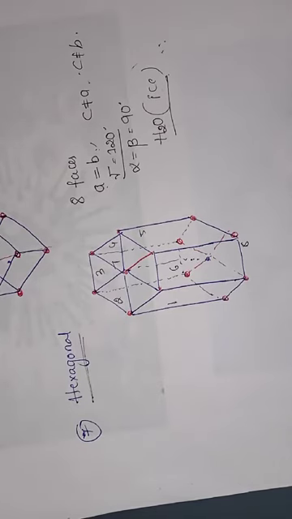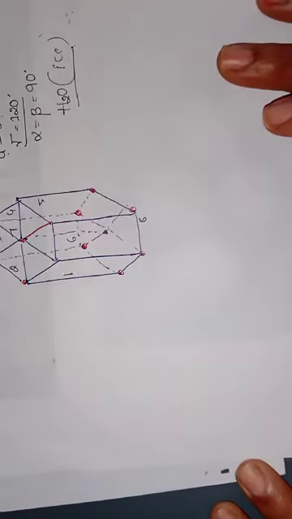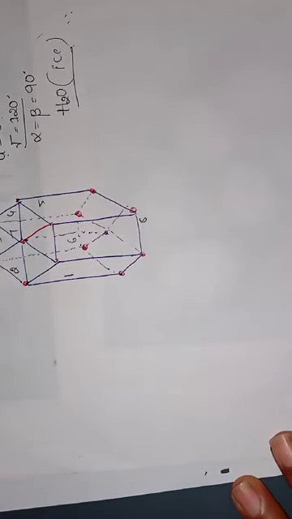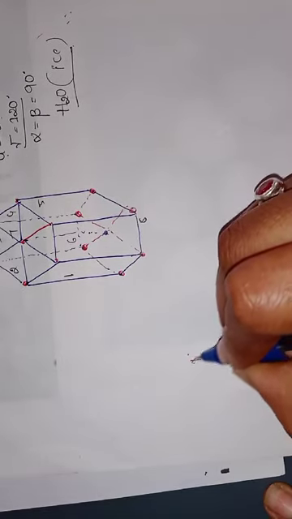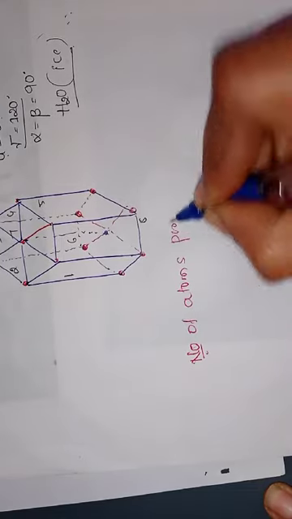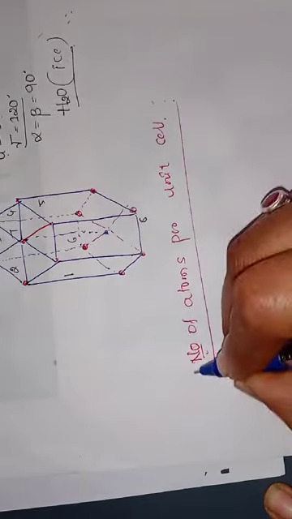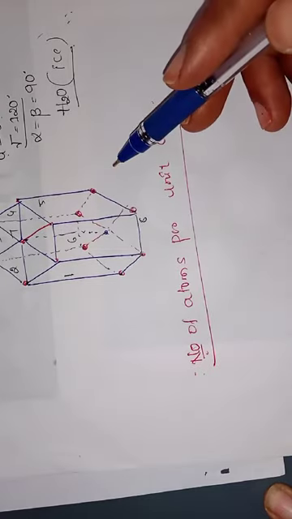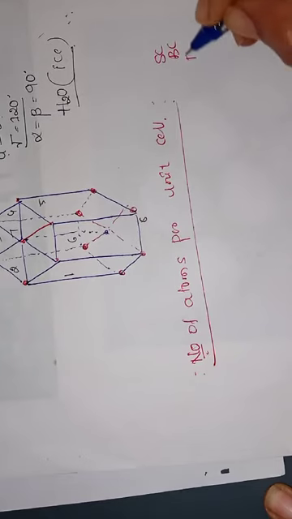In today's class we will learn about the crystal numbers, the number of atoms per unit cell. How many atoms are arranged in simple cube, body centered and face centered?